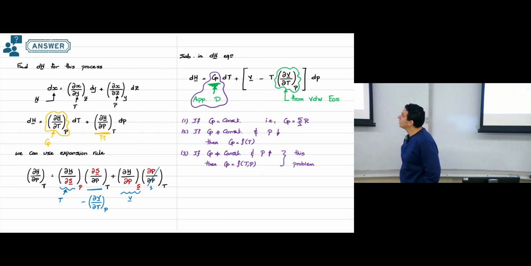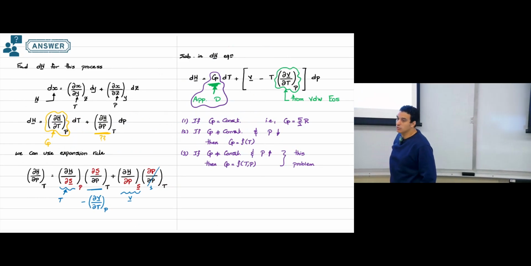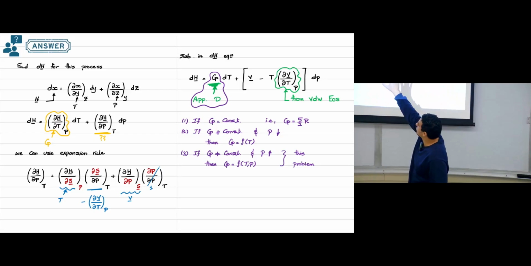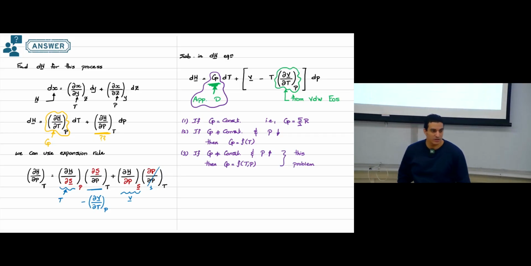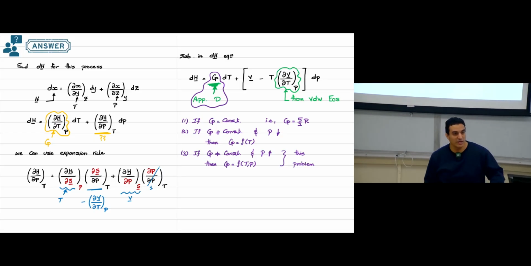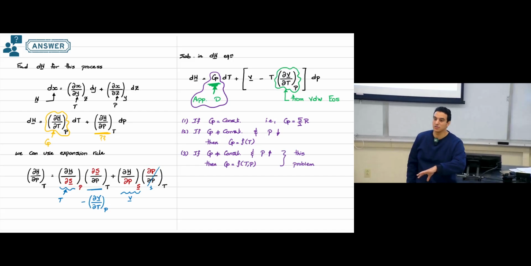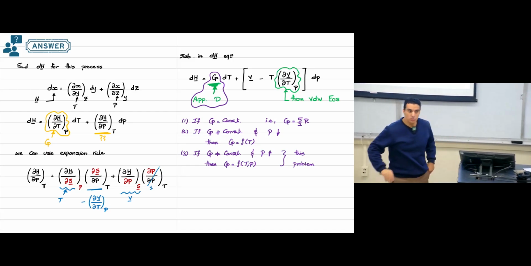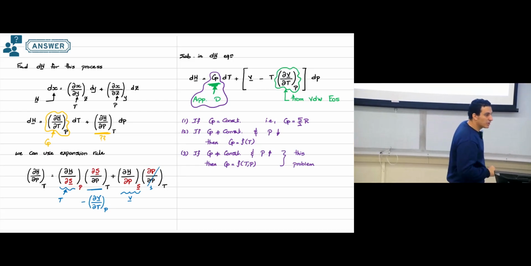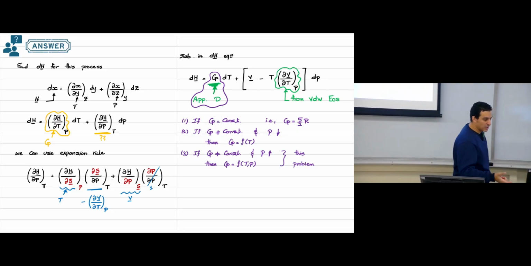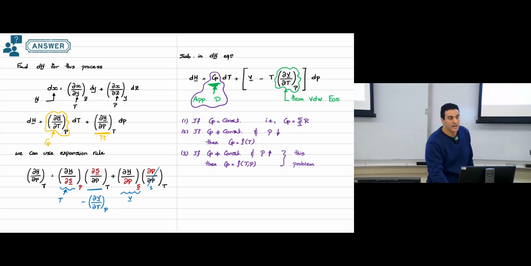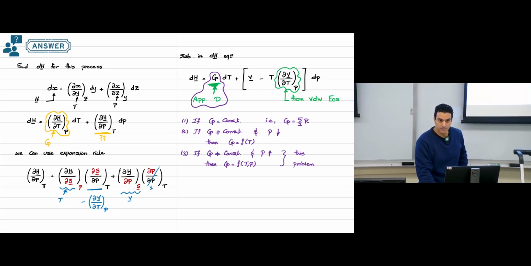We are integrating Cp with respect to temperature, so this delta H equation accounts for the heat capacity change only with temperature, not with pressure. We need to make some changes to see how the heat capacity changes with both pressure and temperature.